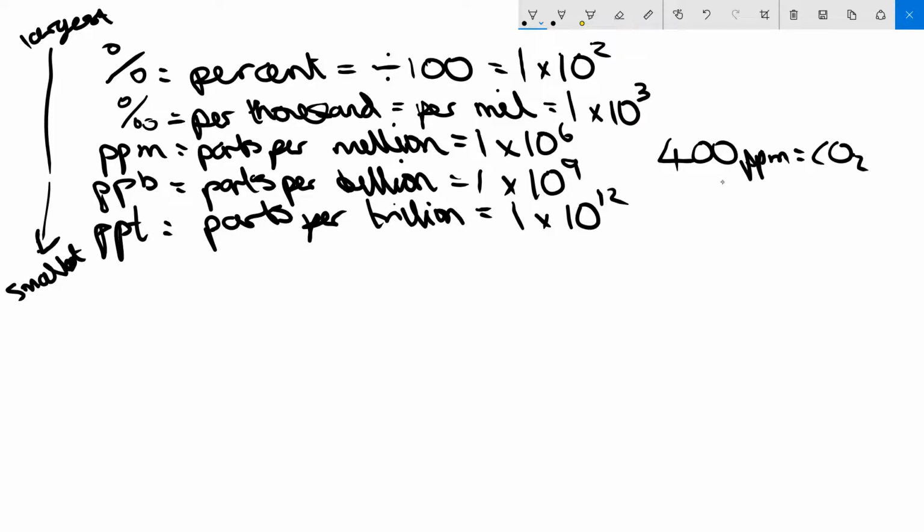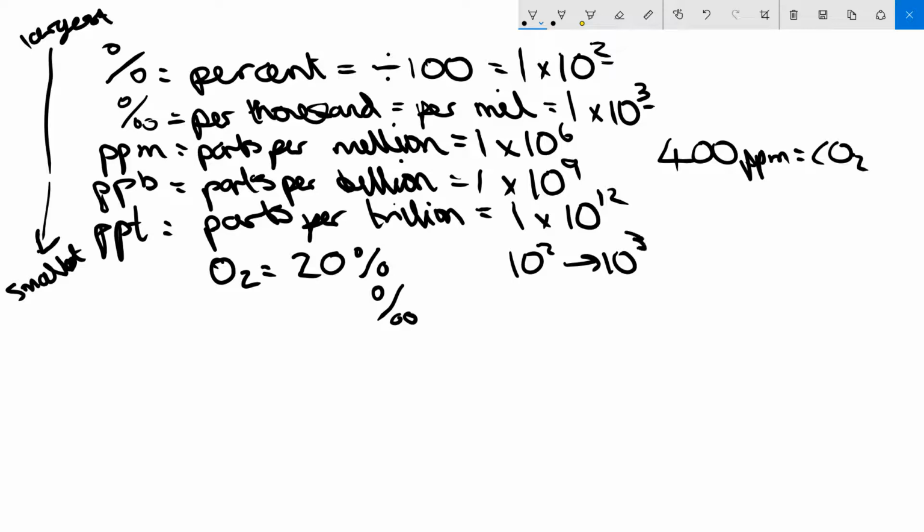So, for example, if oxygen is 20% of the Earth's atmosphere, then if I want to find out what this is in per mil, that is converting between 10 to the power of 2 and 10 to the power of 3, which is a difference of 10 to the power of 1, which is equal to 10.